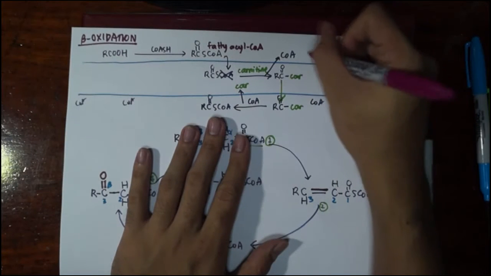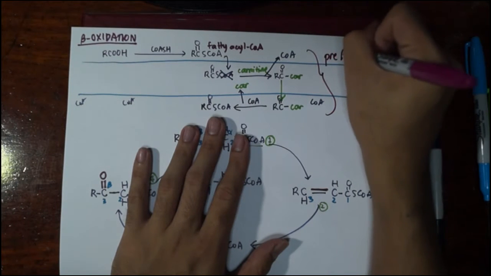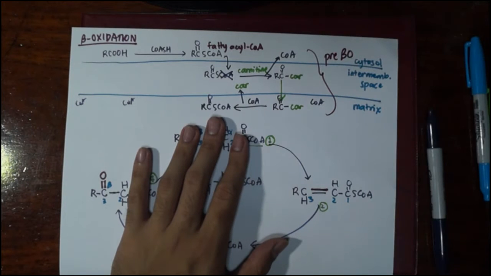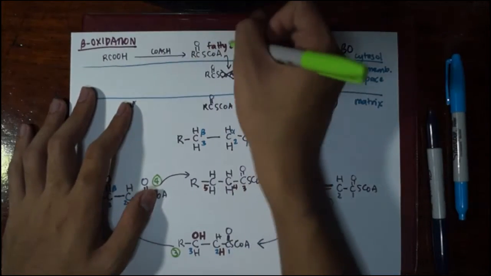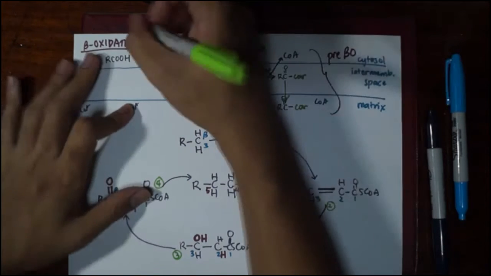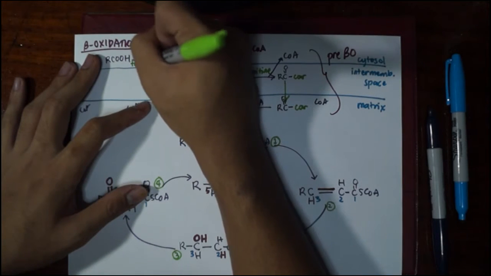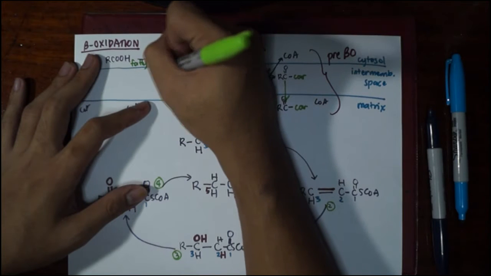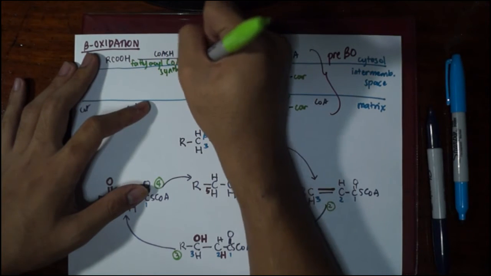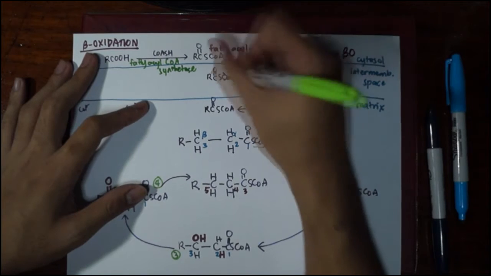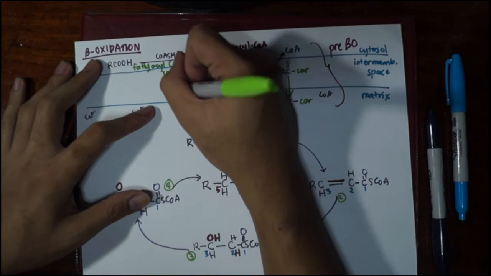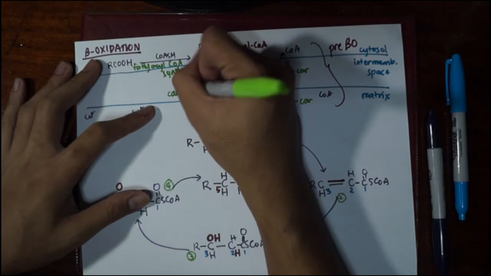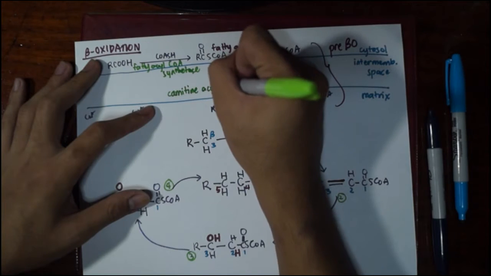Before that, by the way, all of this are pre-beta oxidation steps, and certain enzymes are participative here. The enzyme that allows the formation of fatty acyl CoA is, very obviously, fatty acyl CoA synthetase. Then for carnitine to complex with the fatty acid, we use enzymes known as carnitine acyl transferases.